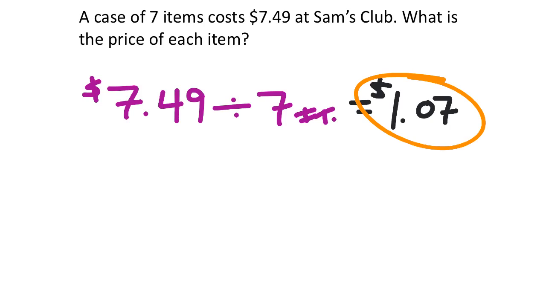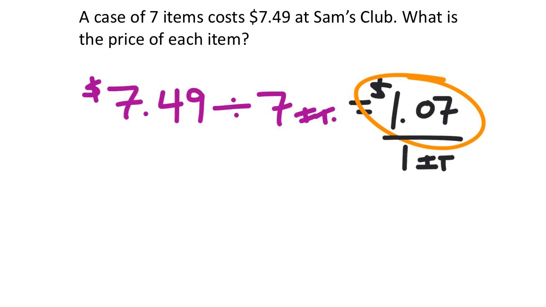And we may wonder, well, which comes first? Since it's asking the price of each item, it's really asking how many dollars per one item. We'll get into this more in detail later, but it's $1.07 per item, which again is like a fraction.